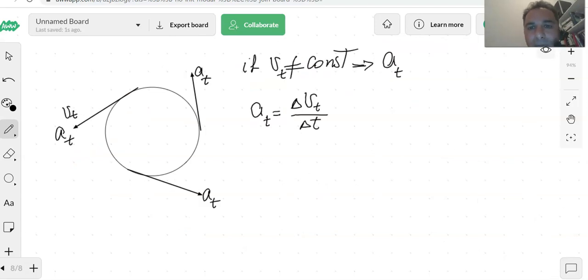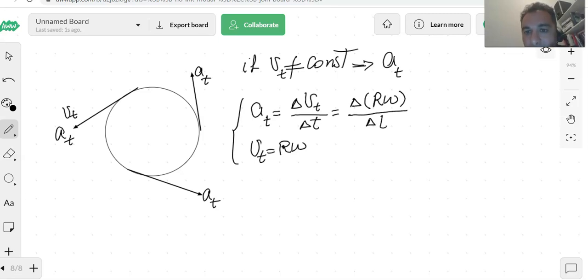Because r is the radius of the circle and is constant, I can write delta of r omega divided by delta t equals r times delta omega divided by delta t.